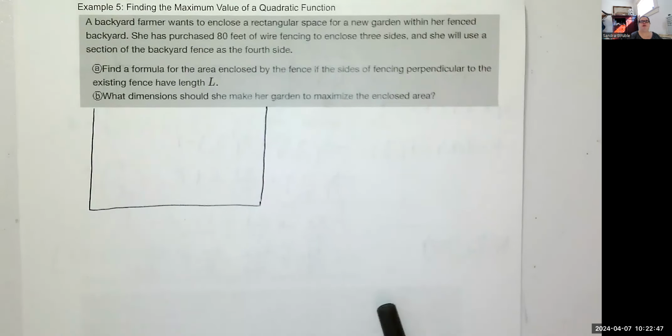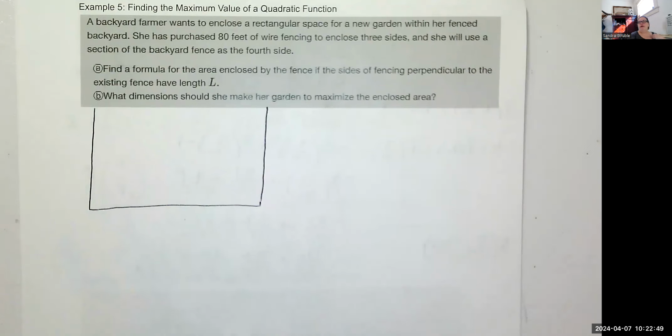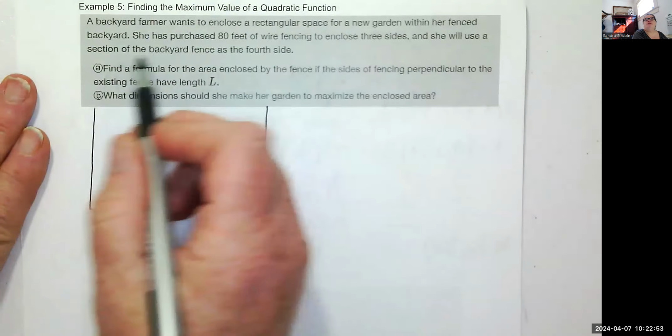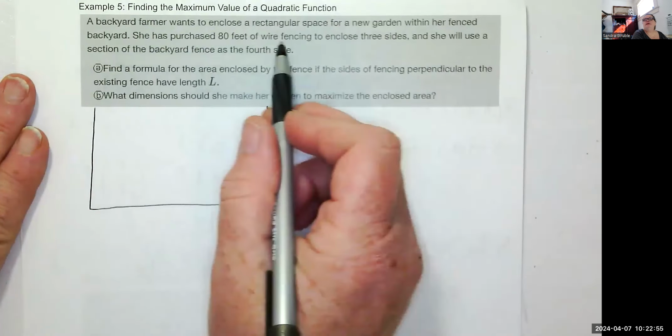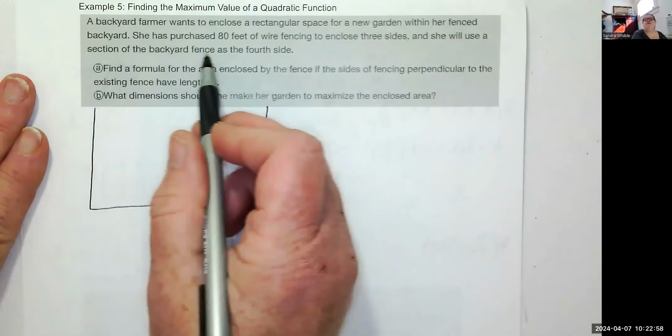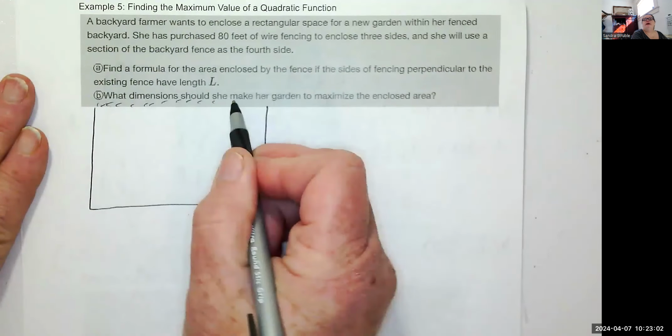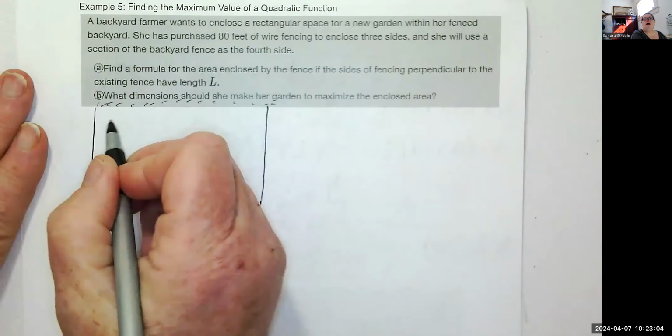So let's pretend like this is her backyard. Again, I can't draw. She will use a section of the backyard fence as the 4th side. So let's pretend she's already got fencing here, and that will be her back side.